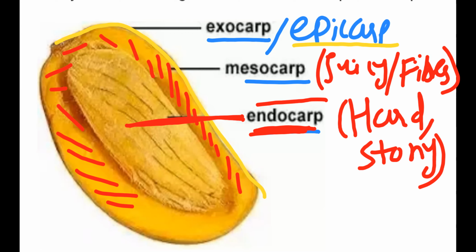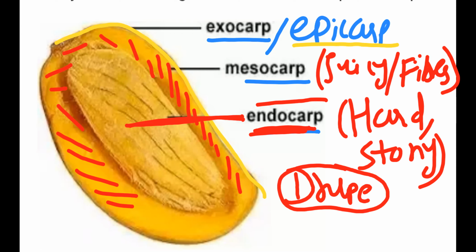Epicarp, mesocarp, endocarp. Now, if the pericarp becomes thick and fleshy, it is further divided into many types of fruit. Here we are going to discuss only one type of fruit, which we call drupe. One example of drupe is mango.